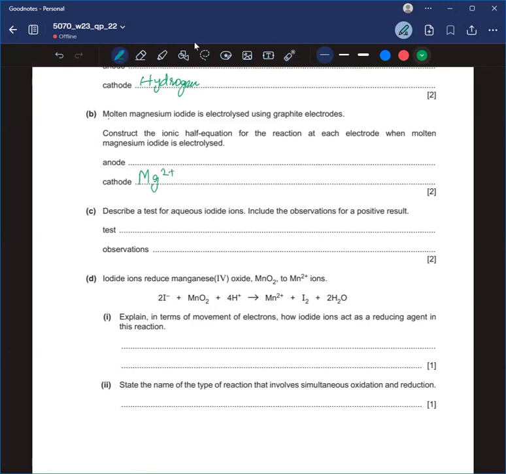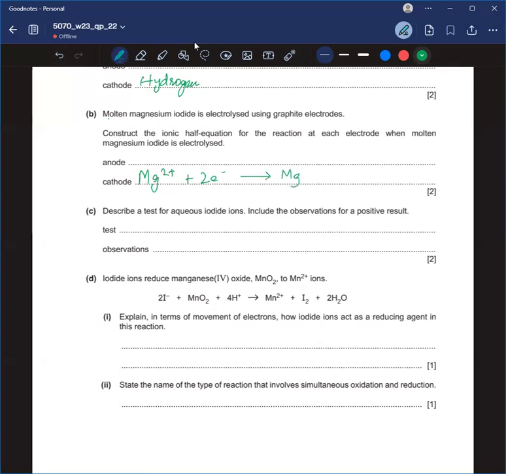Mg2+ ion. As it has two less electrons, we'll add two electrons to it, which will make it magnesium.